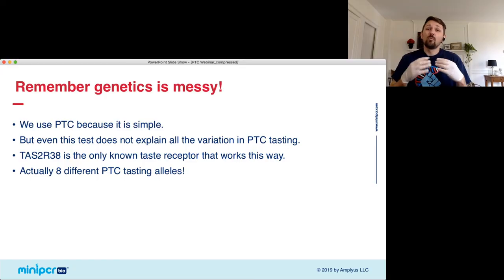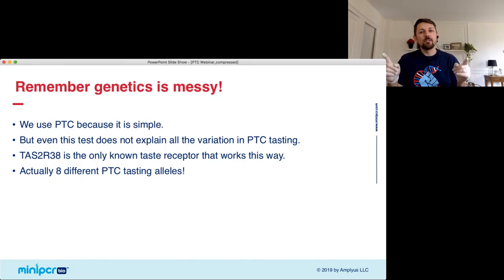And even this, one of the reasons we use it, again, it's simple. It's the only taste receptor that we know of that works in this very simple, you can taste it, non-taste it, dominant recessive way. So trying to suggest that this is how all taste works would be really problematic. And as I said before, there's actually 8 different PTC tasting alleles. Those different SNPs come in every combination, and so that's 8 different possibilities.